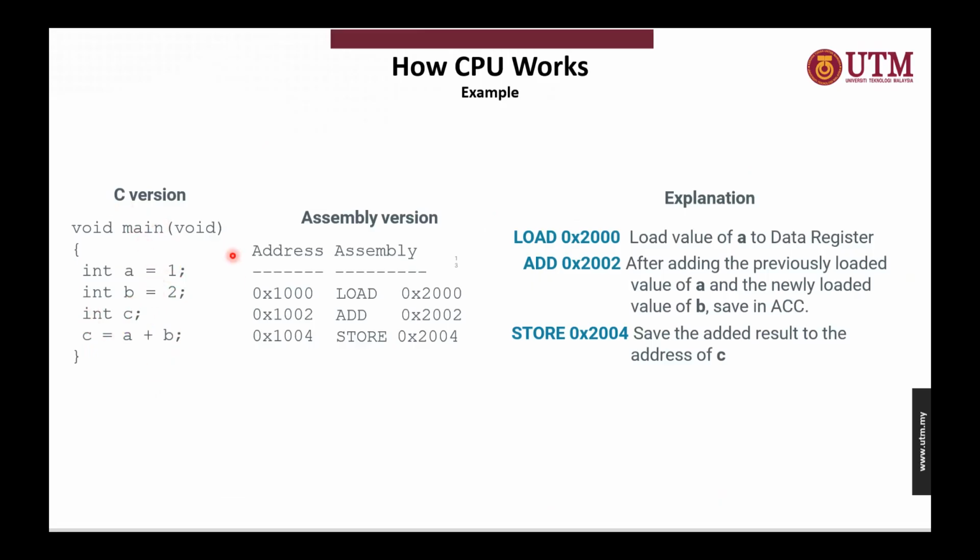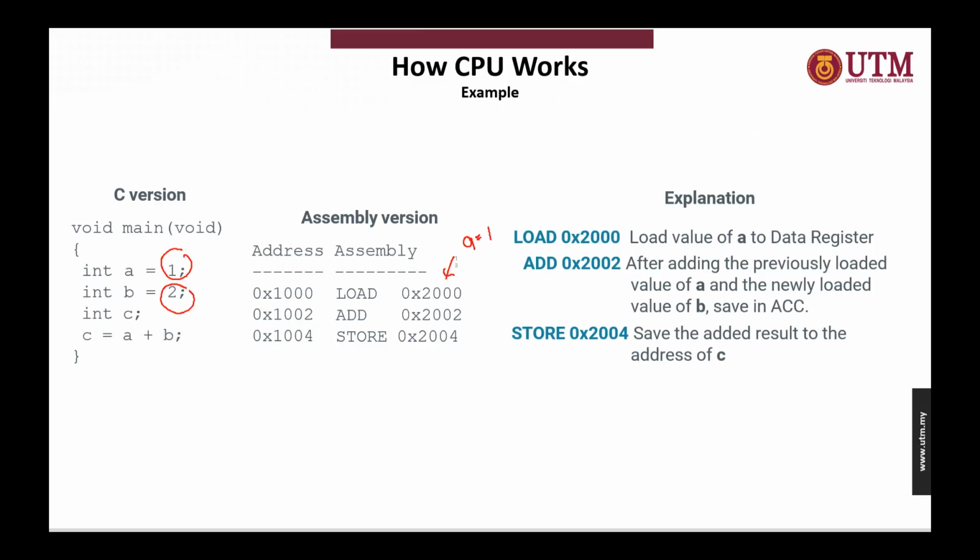In the assembly language, we need to do the same thing, which is to add A plus B and put the result into C. So for assembly language, each of these numbers you need to put inside the memory, inside an address. So you can see the first one, you load A equal to 1.